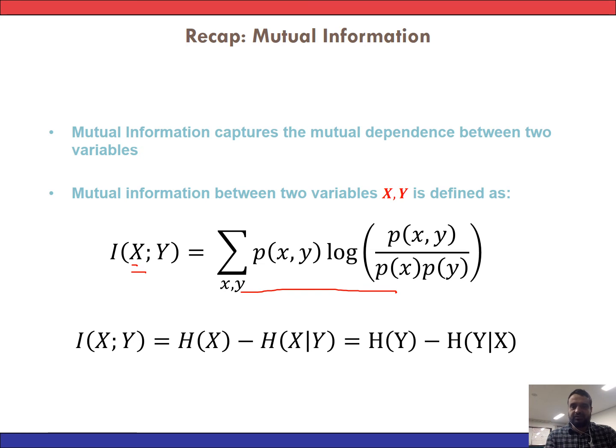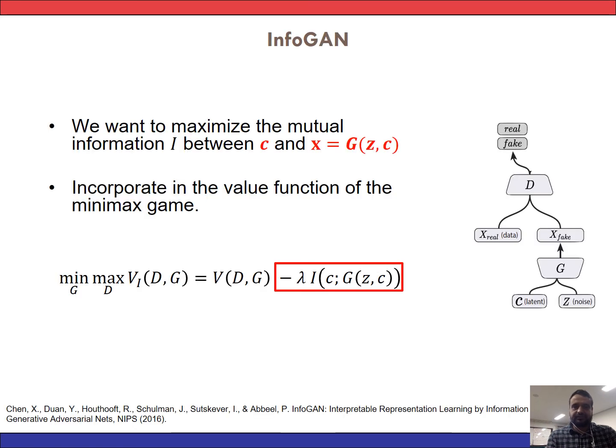So in InfoGAN, they include this mutual information with the classical objective of the GAN network. We want to maximize this mutual information.